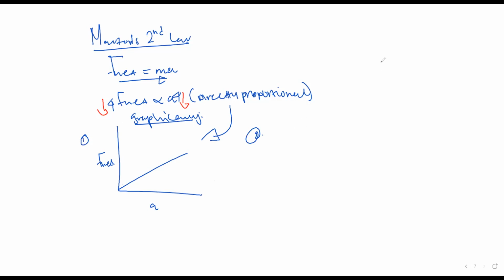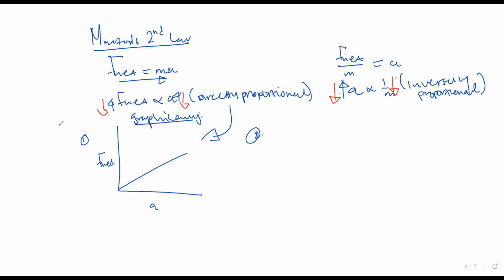So in the second situation, F net is equal to m times a. They're telling us that acceleration is inversely proportional to mass. Meaning when acceleration increases, mass decreases, and when acceleration decreases, mass will eventually increase, you see, in the opposite direction.